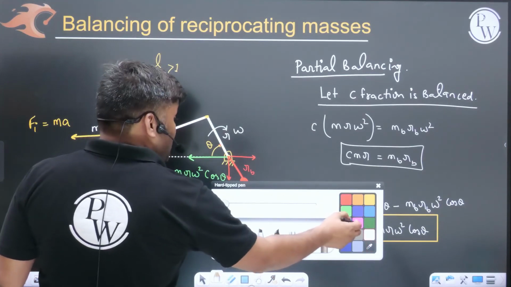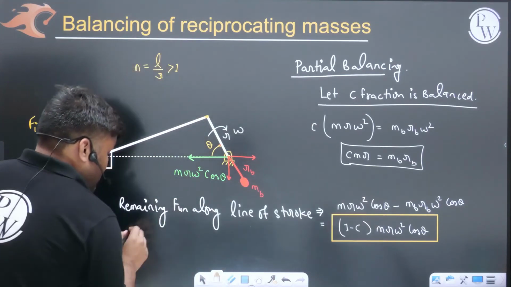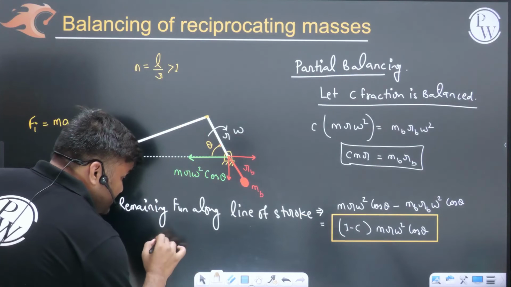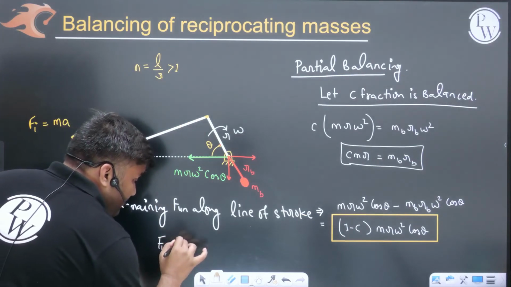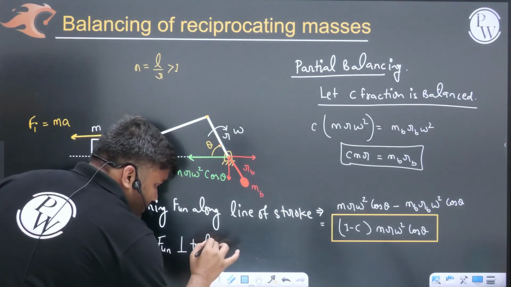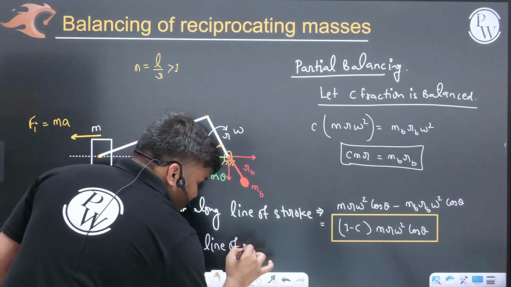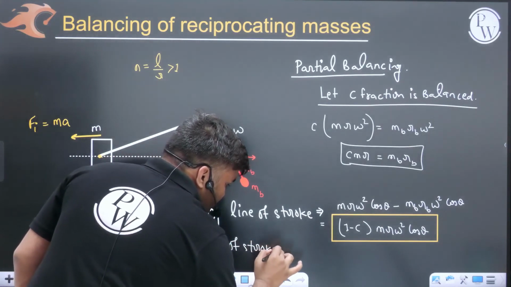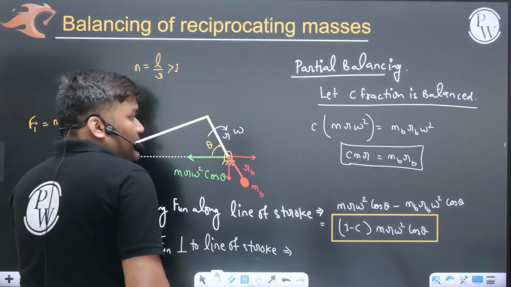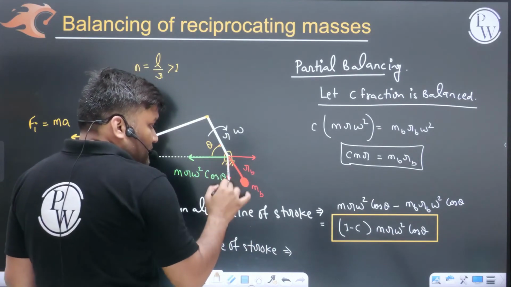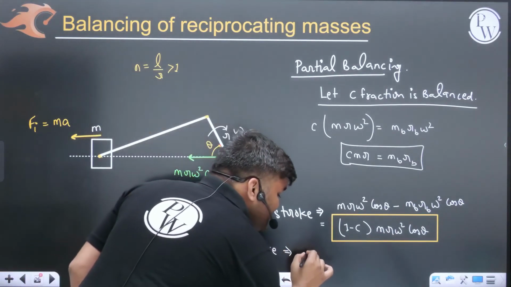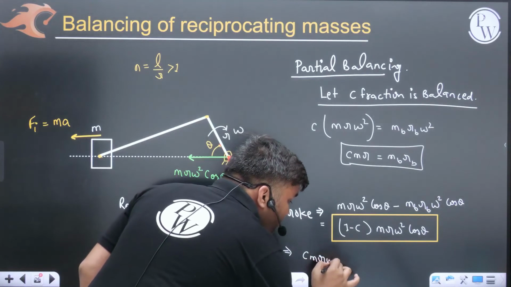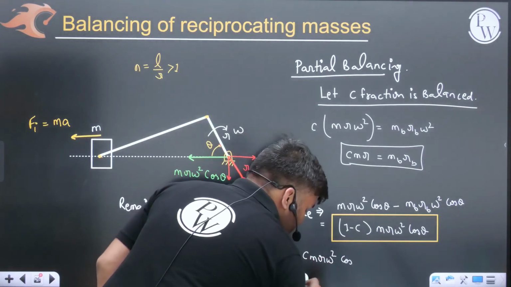Similarly, some new force also is introduced here. Unbalanced force perpendicular to line of stroke. How much will it be? This component, the sine component. How much? c times m r omega square sine theta.